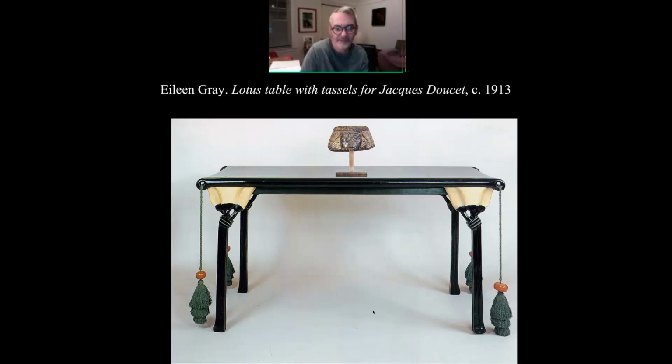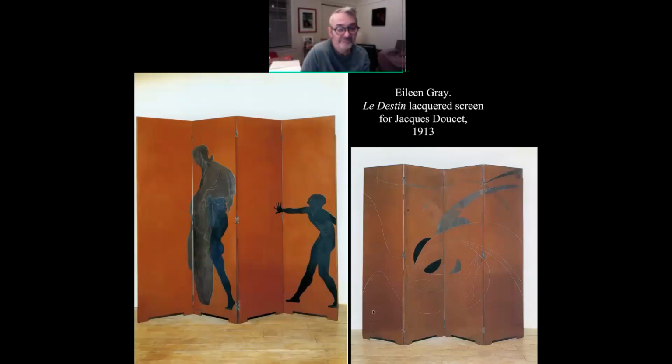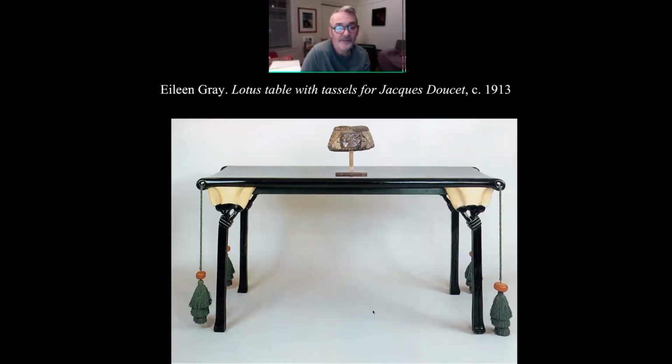Lotus table with tassels. Don't forget the tassels. So that lotus refers to the Egyptian, but done in a modern way.